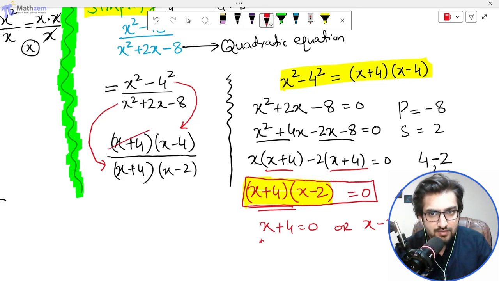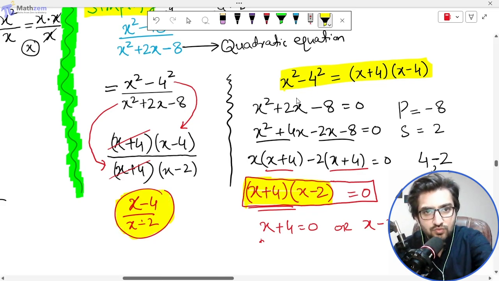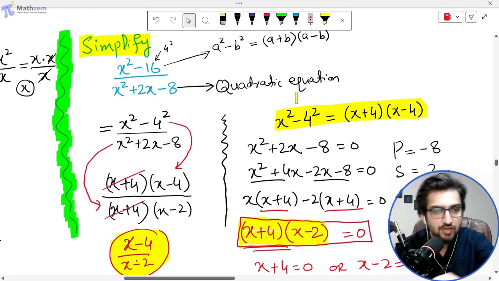X plus 4 will cancel out with x plus 4. So at the end, x minus 4 divided by x plus 4, x minus 2. That is the answer. This is what the question says, simplify, and we have simplified that.